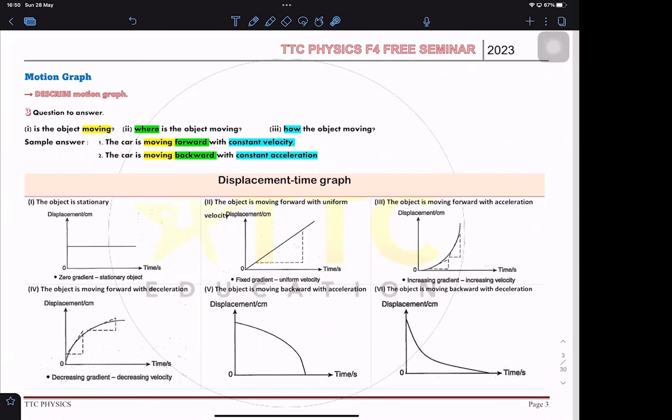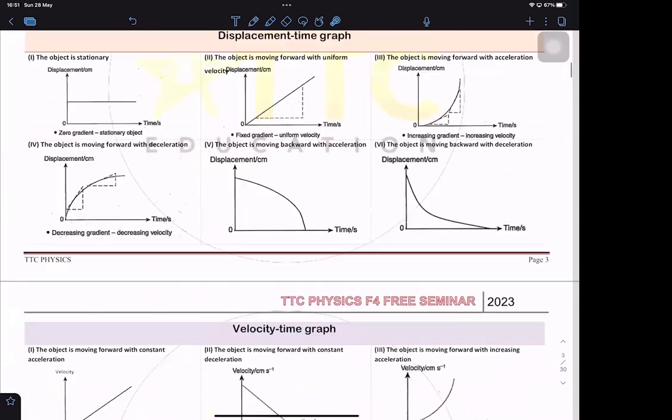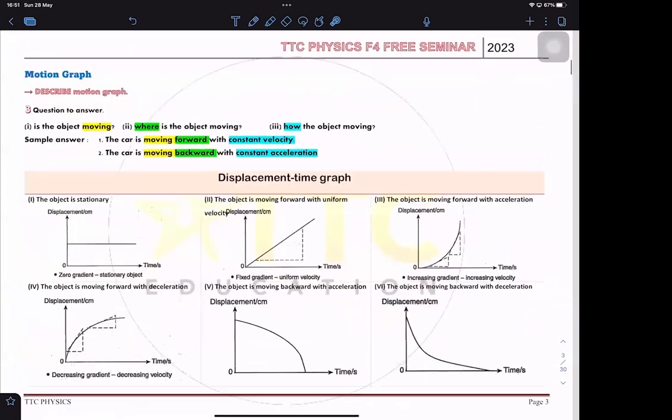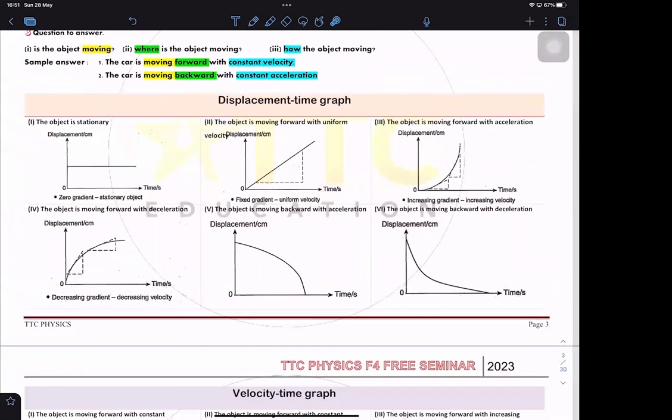We have two kinds of motion graph, displacement time and velocity time. Displacement time shows you at every second, where is the object? Is it close to your home or far away from home? 0 is your home, remember. So if you're going up and up, means you are further and further away from home. If you're going down and down, means you are coming back home. So you see moving backwards, coming back home.